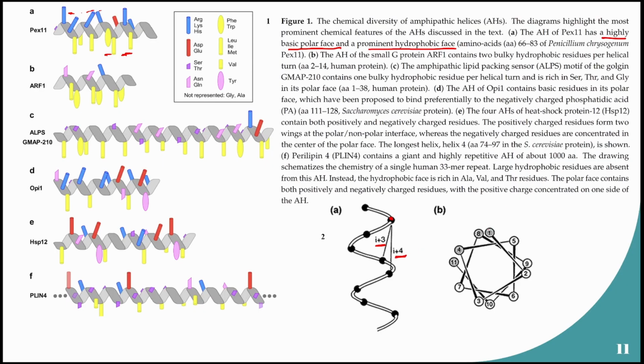So in this particular case, this I is a hydrophobic amino acid, and then it jumps to the next hydrophobic amino acid that is present here. That's at the I+3 position. Then the next one is at the I+4 position, and the next one is again at the I+3 position, and so on and so forth. So this is the pattern of repeats of hydrophobic amino acids that are present here. That's one way to find out amphipathic helices, right?